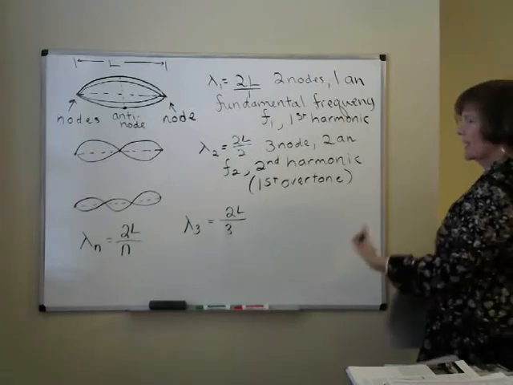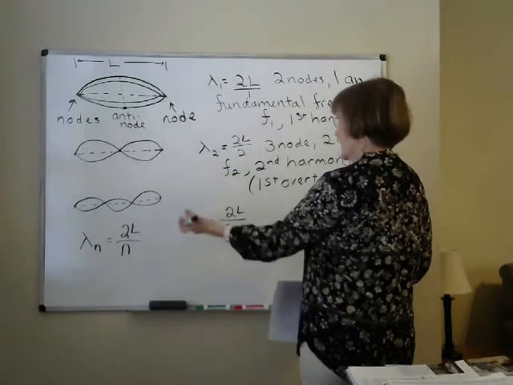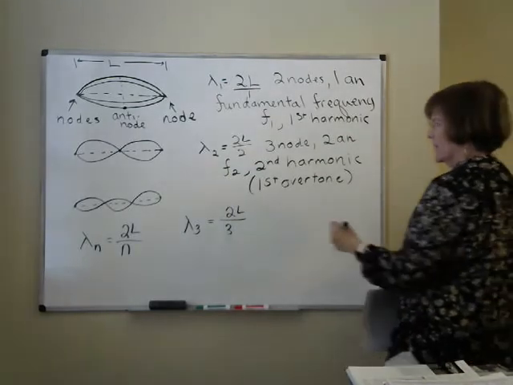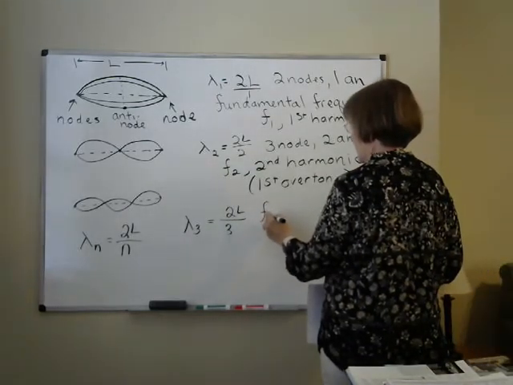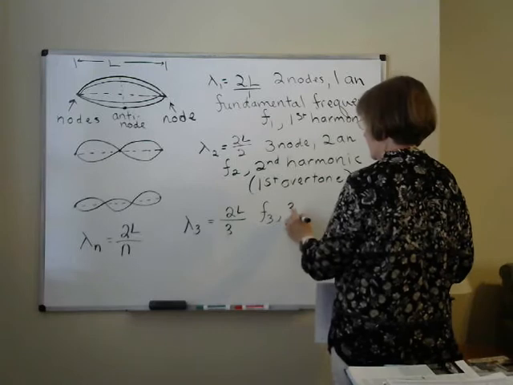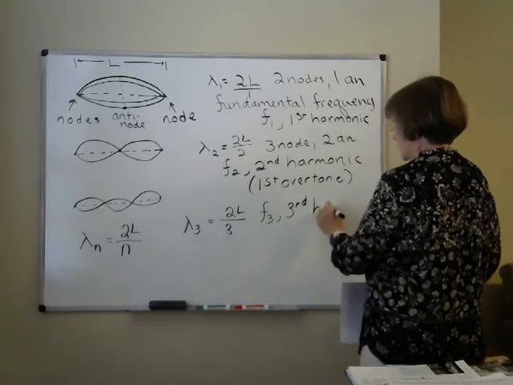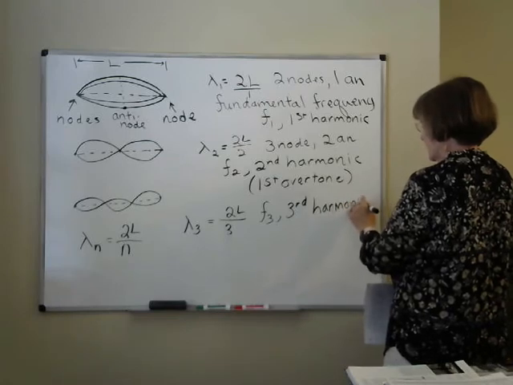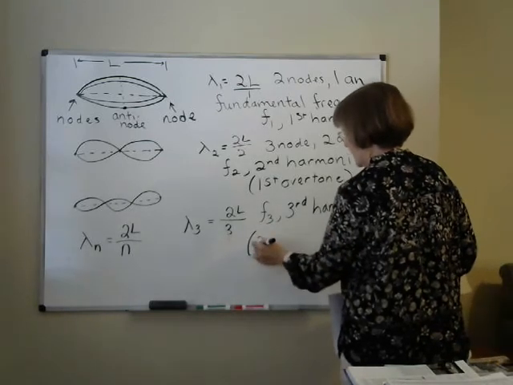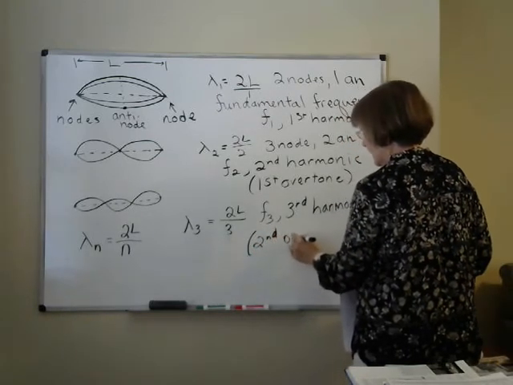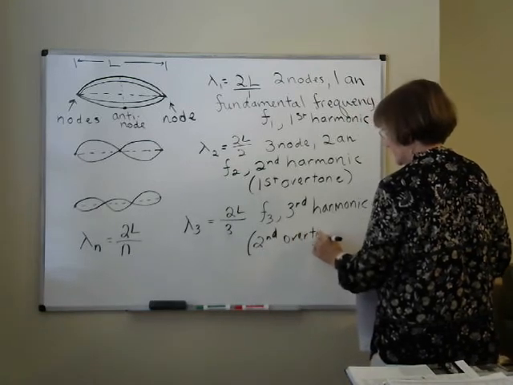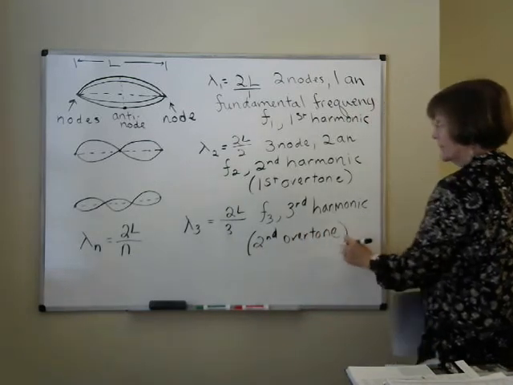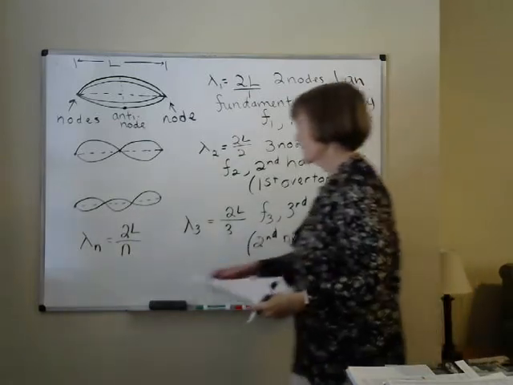Again, you can see by this point we're at 4 nodes, 3 antinodes. This would be F3. That is, of course, the third harmonic, or the second overtone. All right, so let's keep going.